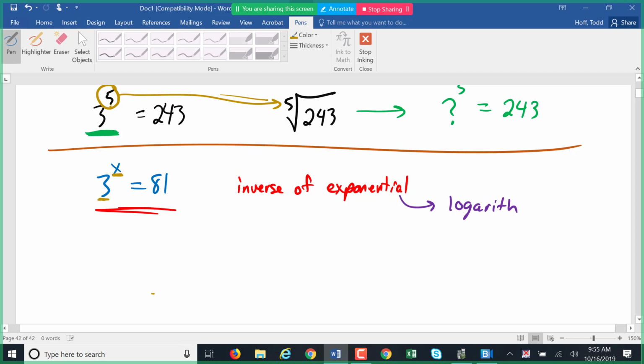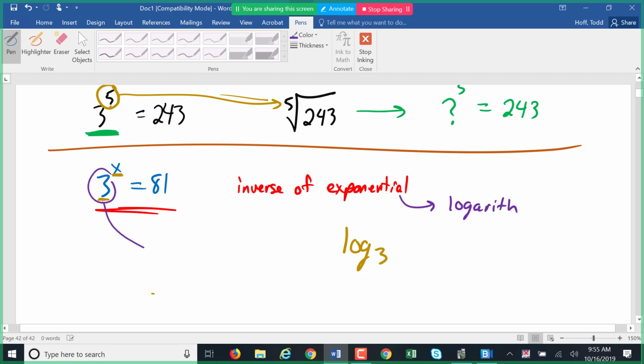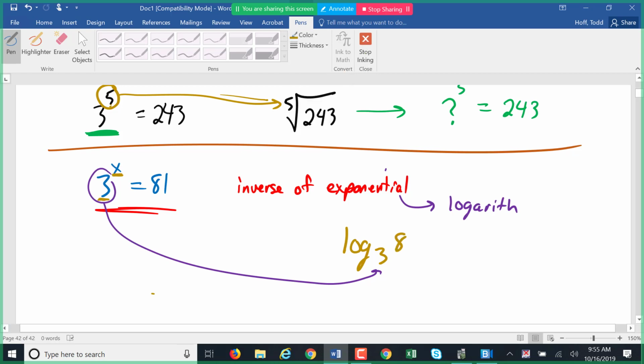So whatever the base of the exponent is has to be the base of our logarithm. So this is going to be a log base 3, because the base of our exponent is a 3. And so what we're going to be saying here is the log base 3 of 81 equals x.